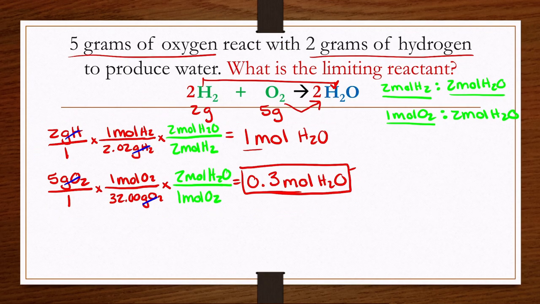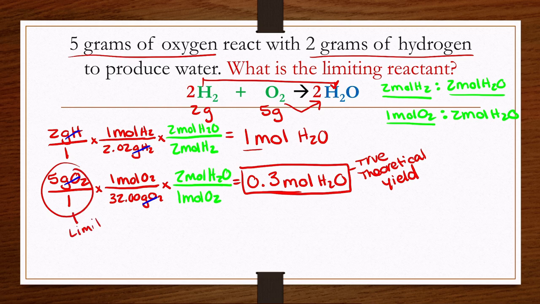All right, so this was the true theoretical yield. And this we said was our limiting reactant because it limits the amount of water we're able to produce.